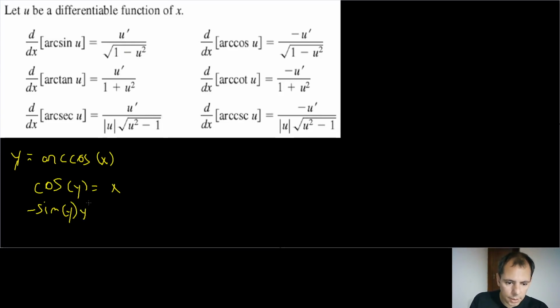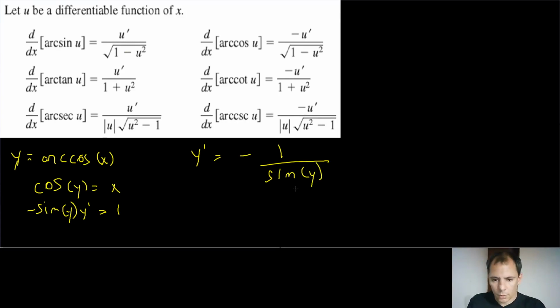I'm just going to say this is y prime equals 1, okay? So here you have y prime equals minus 1 divided by the sine of y, okay? And y is the arc cosine of x, right?